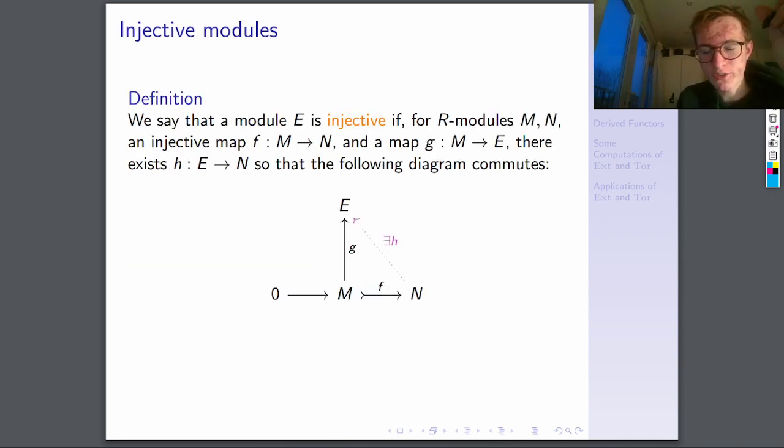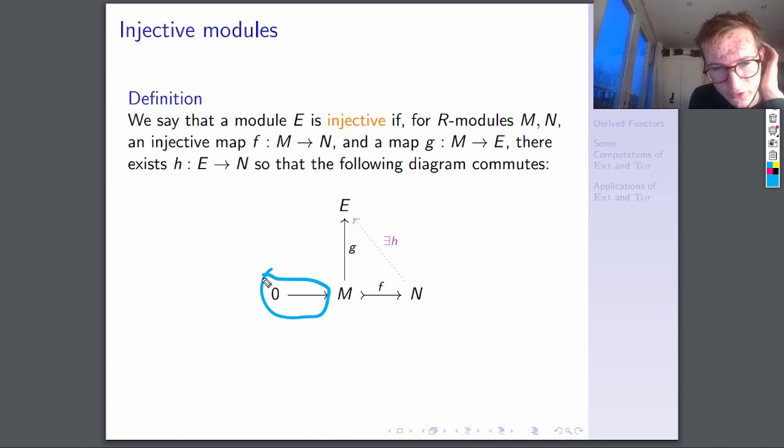Now, injectivity. Injectivity looks very similar to projectivity. Again, this 0 here is not necessary, it's just given because it makes this bottom row commute.